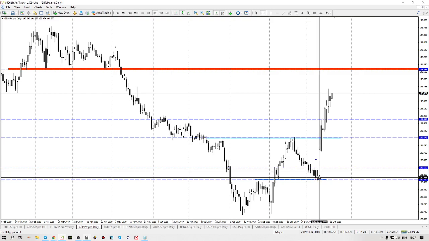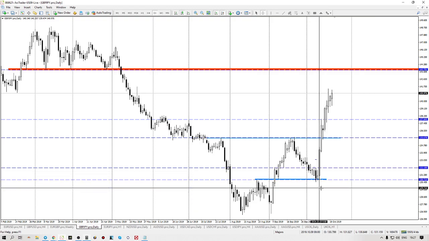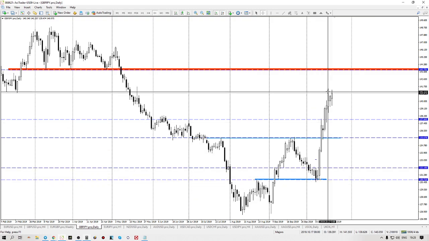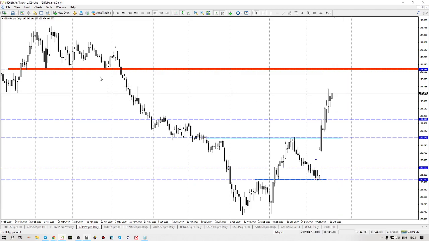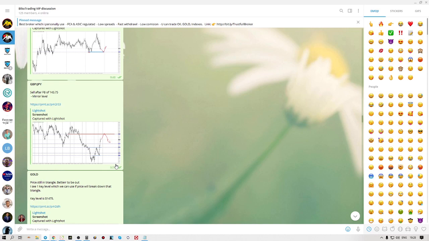Price hit my pending order, after that hit my break even. And at this moment I see a really powerful level here, nearly this mirror level, from which price bounced so many times on daily. If price will hit it, we will open a sell position after a false breakout.